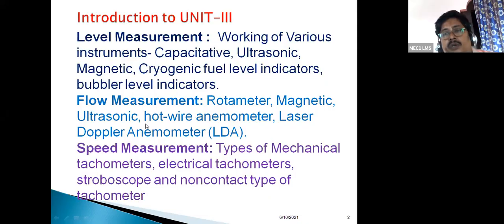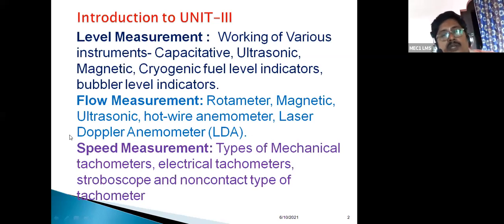For the measurement of flow, that is rotameter, magnetic meter, ultrasonic meter, hot wire anemometer, laser Doppler anemometer. So in this also, totally 5 instruments are there, which are used to measure flow.